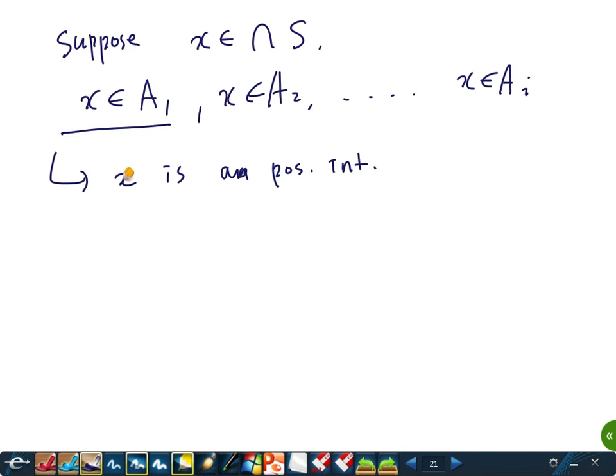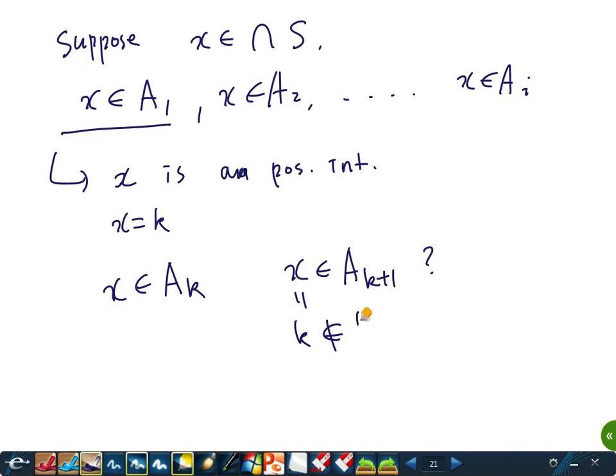Because this looks like a variable, let's say k. It's not really necessary, but just to help you understand. Integer k. Is x in A_k? Oh yeah, it is in A_k. But is this in A_{k+1}? No, because k is not in A_{k+1}, since A_{k+1} only has integers bigger than k, so it cannot be in here.